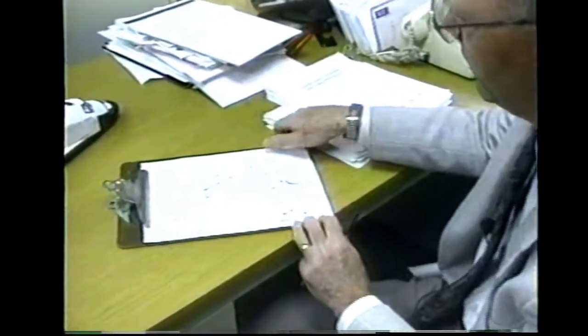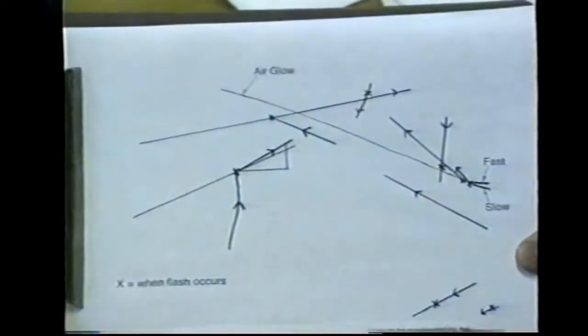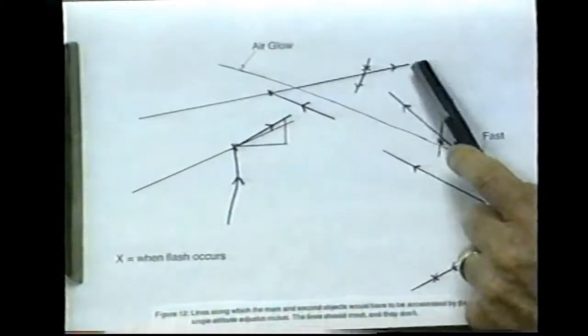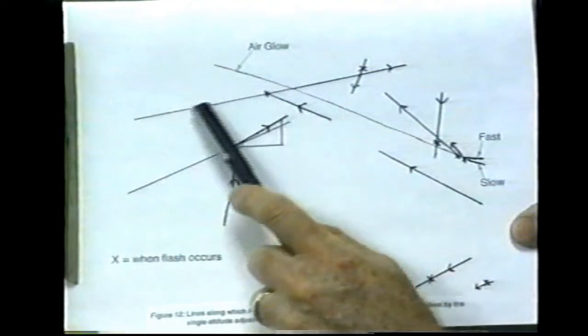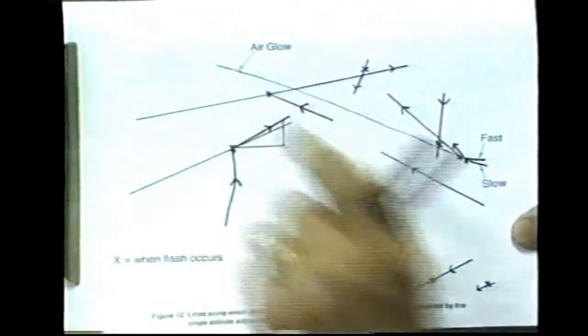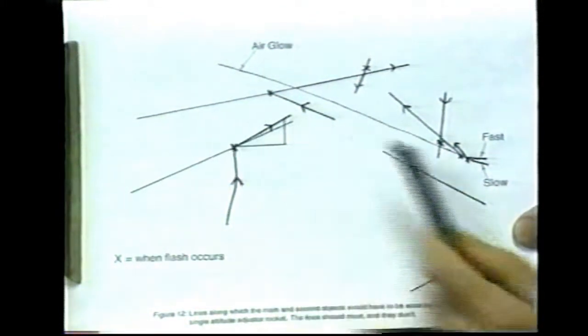Here is a diagram of what I've just been saying with words with our dandelion seeds. Here's the main object coming over here, back up like this. We draw a line back along that trajectory, and somewhere along that line should be the location of the attitude adjuster rocket. And this is the second object here.